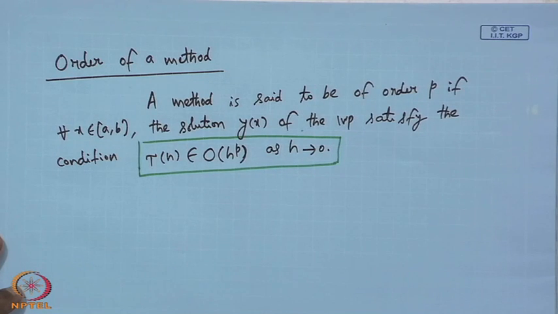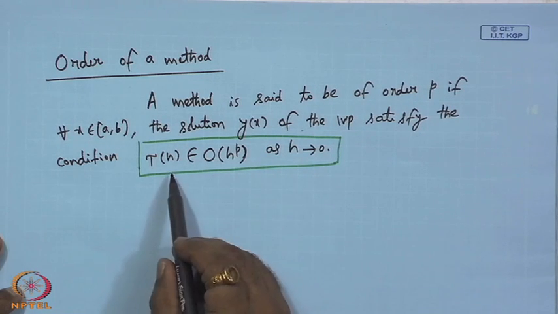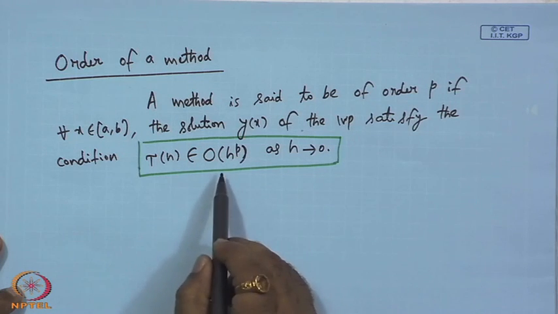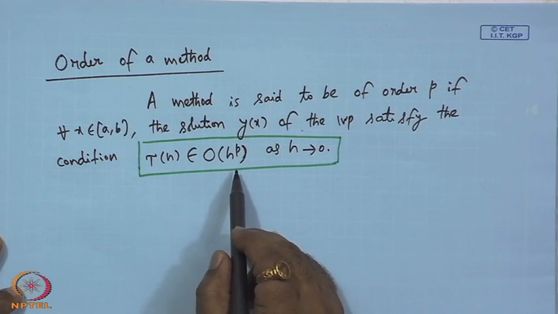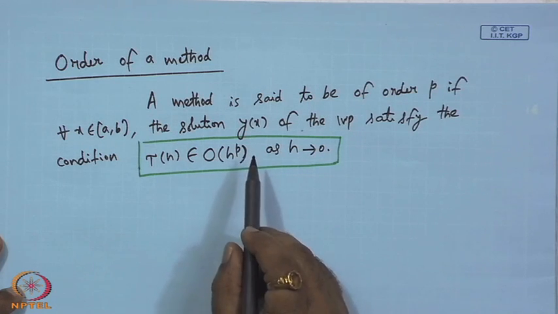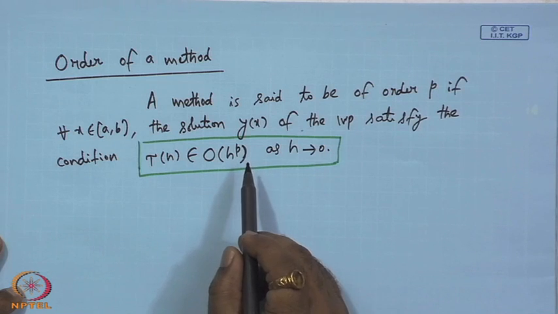So, as h diminishes, your global truncation error is in big O of h to the power p. Okay. So, then we say the method is of order p.